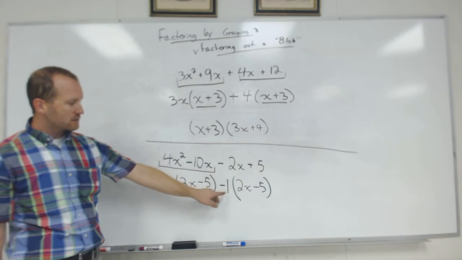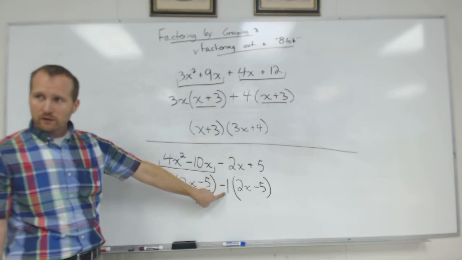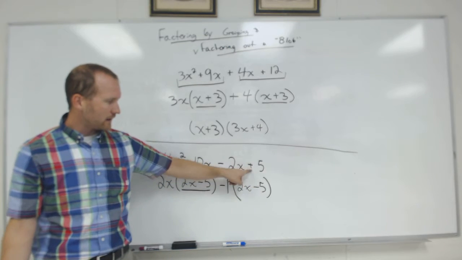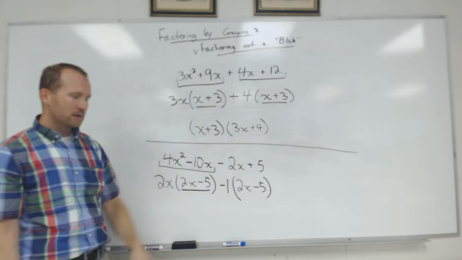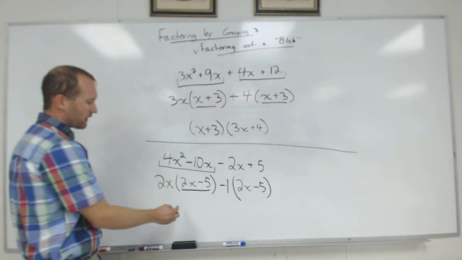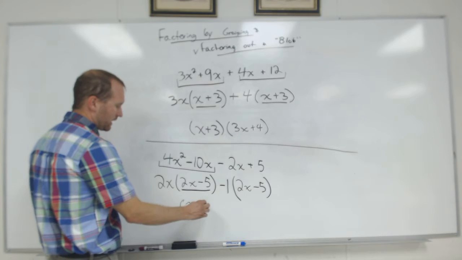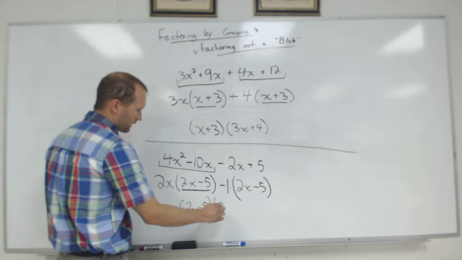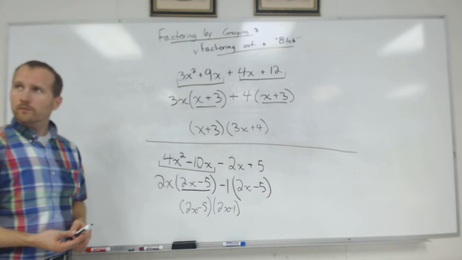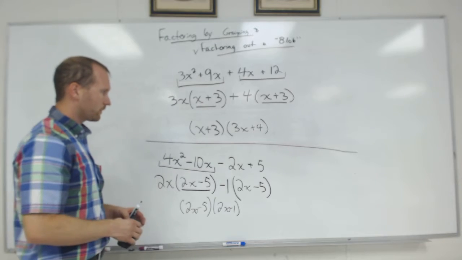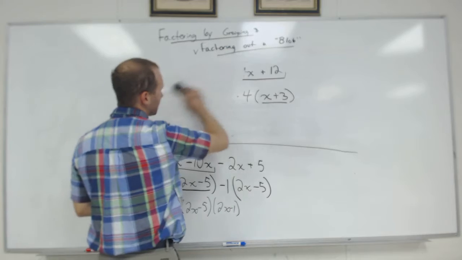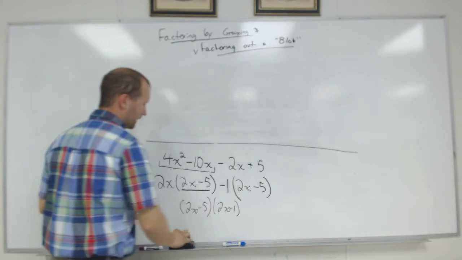No matter what the negative is, this could be negative 5, it's still going to switch that second sign as well as that first sign. Okay, so now I've got 2x minus 5. I can pull that out because that's my blob. And then I've got 2x minus 1. We're done.